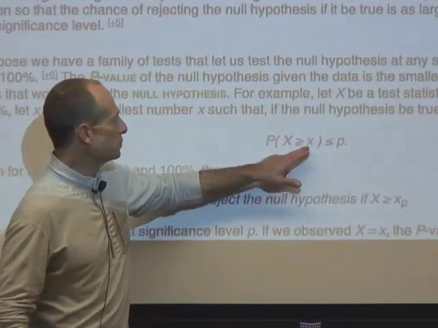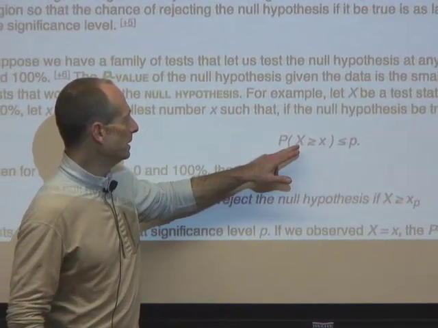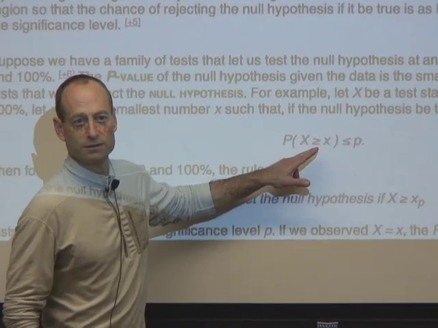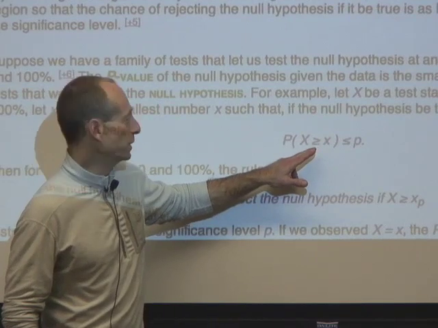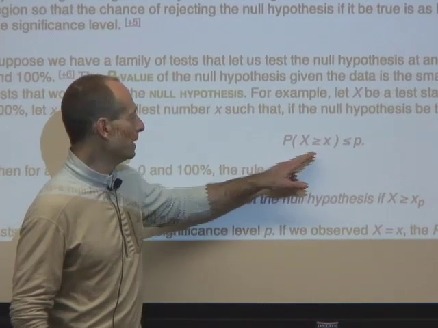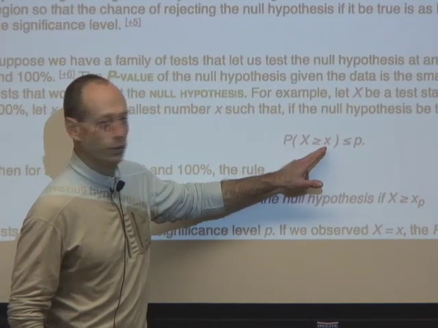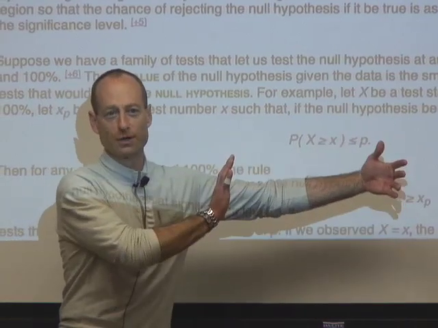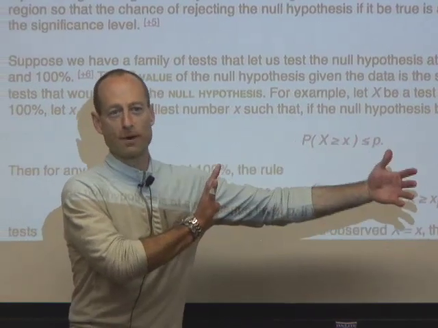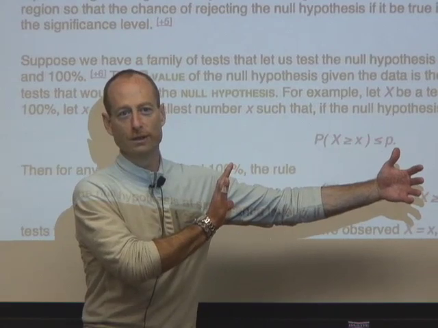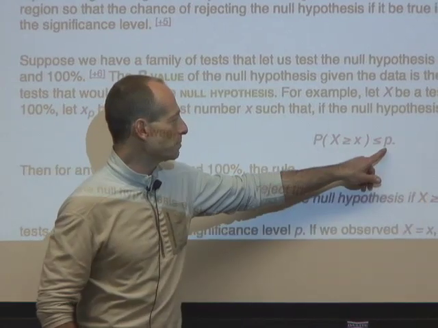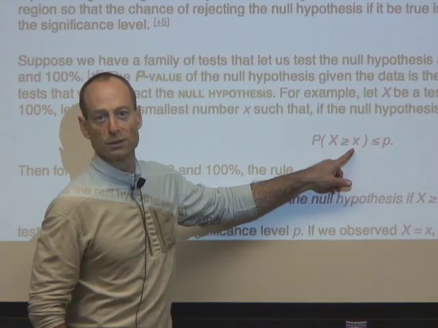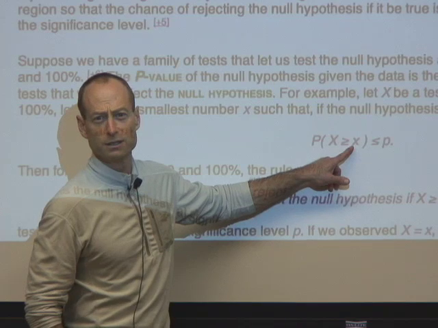The chance that x is greater than or equal to 0, is that going to be bigger or smaller than the chance that x is greater than or equal to 5? Bigger, okay, right? The larger the value we put in here, the more restrictive the event, right? The fewer outcomes are going to be in there, and so the smaller the probability is going to be, right? So if we want to make this probability smaller, that's going to correspond to making this threshold bigger. Does that make sense to everybody?